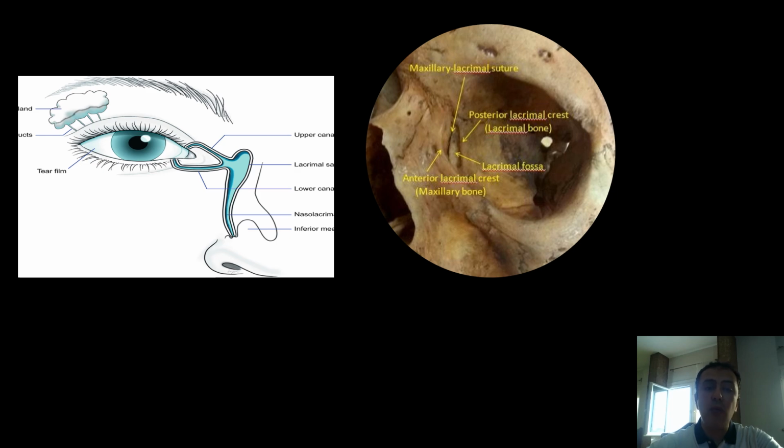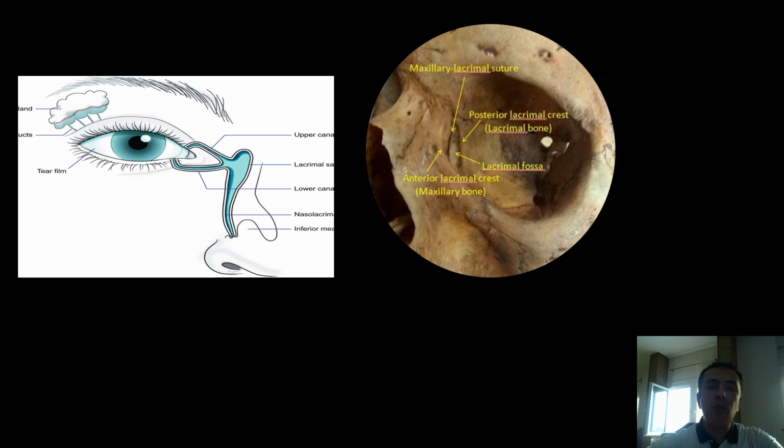And until that time, we can go for conservative treatment like giving topical antibiotics, frequent lid hygiene with cleaning of the discharge, and we can start our hydrostatic massage. So how can we do our hydrostatic massage? It's very important to tell because we have to teach mothers how to do it properly.